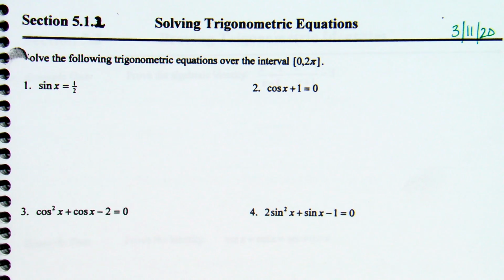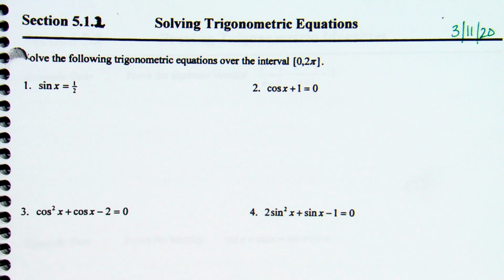You will also notice in the directions, and I have it over here with the homework, it says on the interval 0 to 2 pi. So, meaning 0 to 2 pi represents what? One revolution around the unit circle, yes? So that means I want any and all answers that make that statement true once around the unit circle.